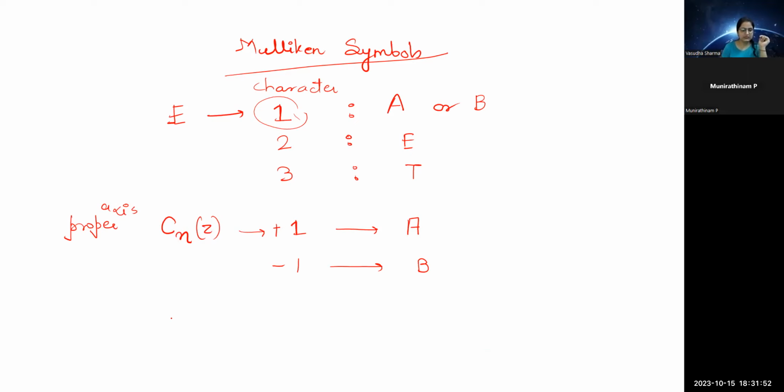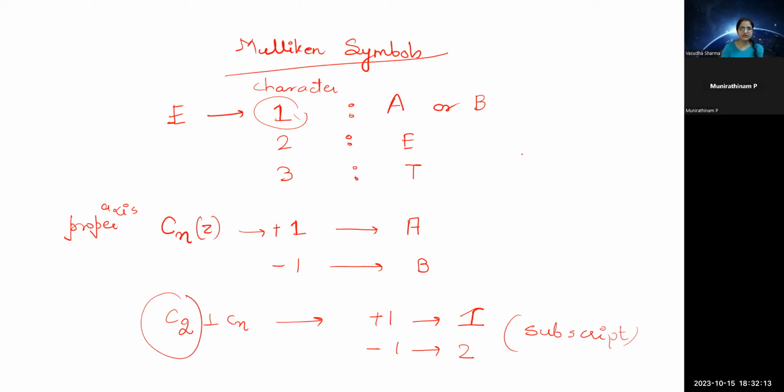Other than that, if there is any C2 axis which is perpendicular to Cn, then if it is +1, it gives you the subscript 1. If it is -1, it will give you 2 as a subscript. If C2 is not present and sigma V is present, then again +1 will give you 1 and -1 will give you 2 as subscript.